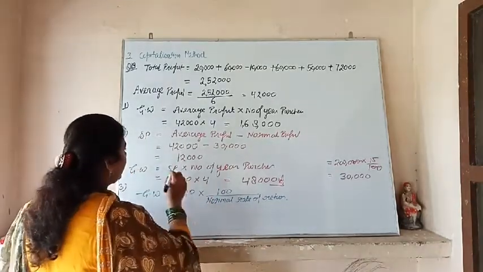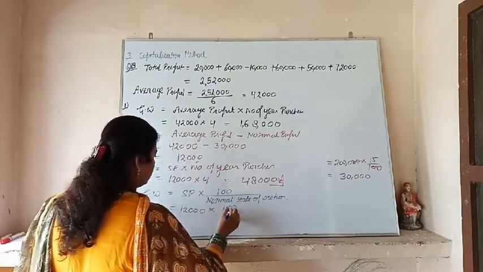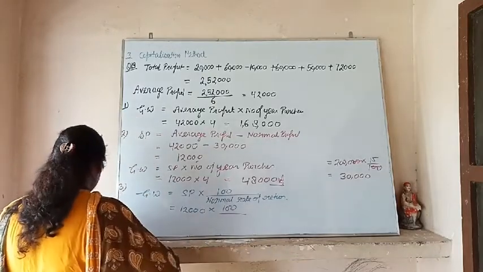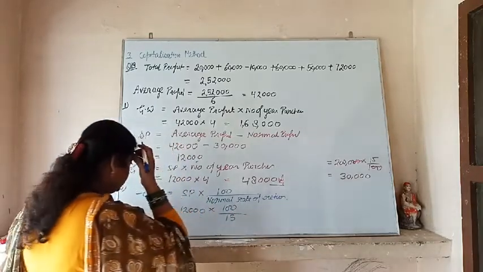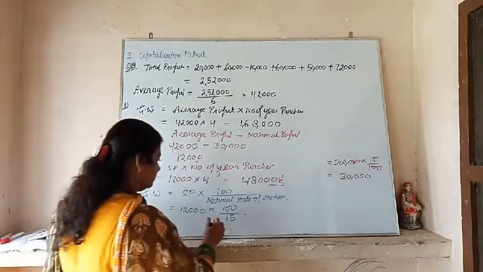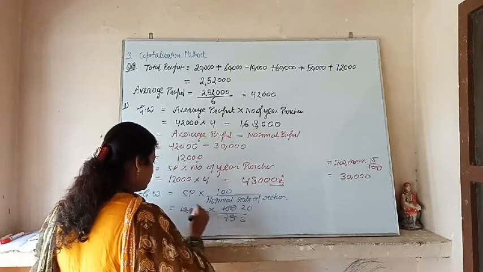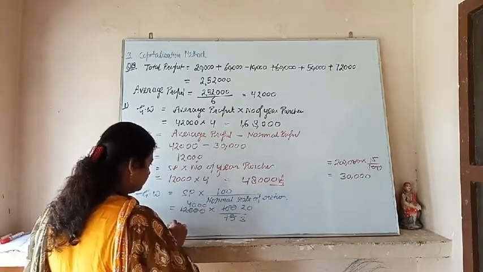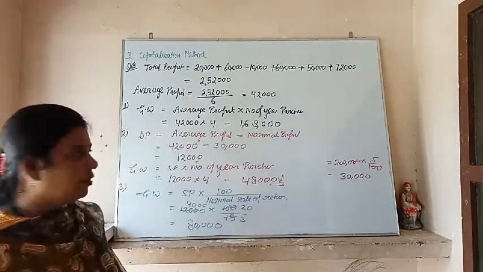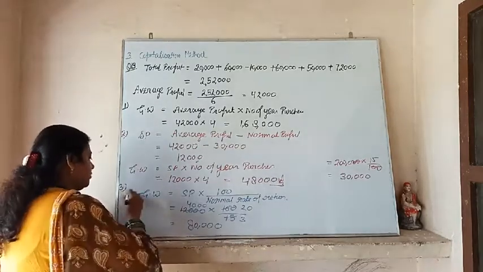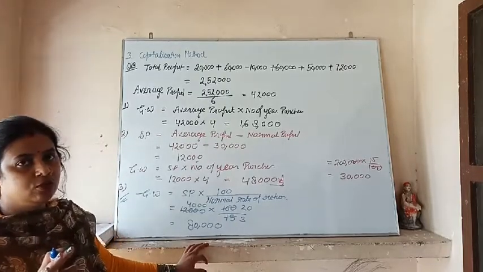Super profit we have already calculated, this 12,000, into 100, and the normal rate of return is given as 15%. So it will be 80,000. Okay. So this will be the formula for calculating the goodwill in case of capitalization of super profit.